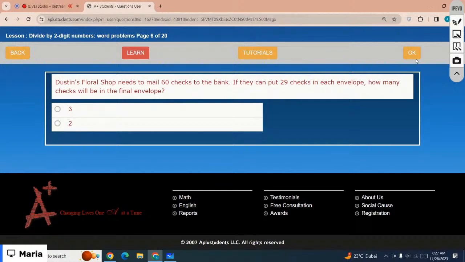The correct option is yes, it is 2. The final envelope has only 2 checks. The correct option is 2.